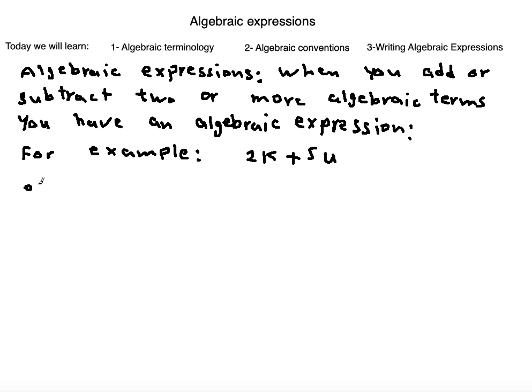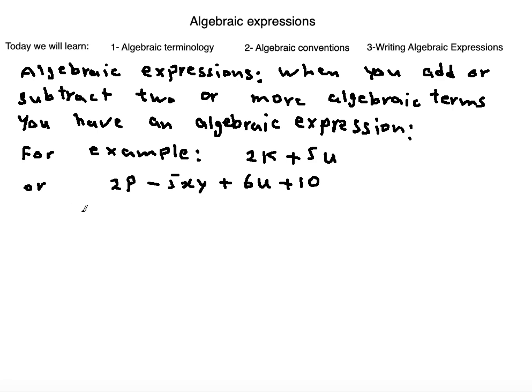Or 2p minus 5xy plus 6u plus 10. This is again another algebraic expression with how many terms? One term, two terms, three terms, and four terms. So there are four terms here in that algebraic expression.